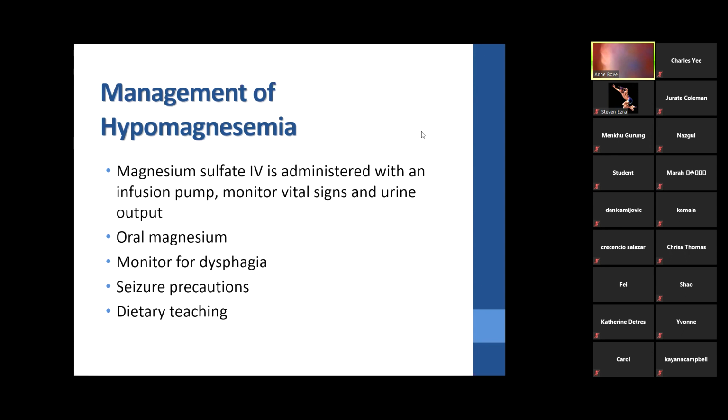Remember that you also have to put the patient on seizure precautions. You have to worry about dysphagia because anywhere there's any kind of muscle tissue, you could have problems accordingly. And then you have to monitor what the dietary intake is.